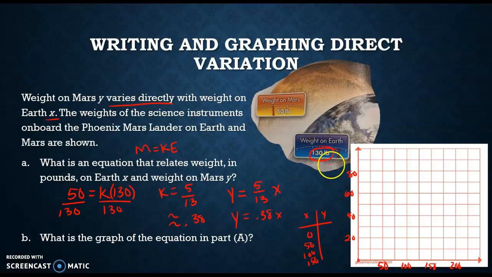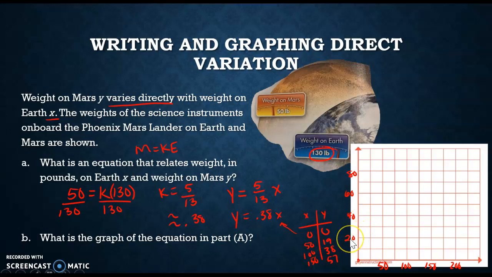And then if I do 50 times 0.38, I get 19. And then if I do 100 times 0.38, I'm going to get 38. And then 150 times 0.38 is 57. And so this was me just taking these x values and plugging them right in for x to find my y value. And now I'm going to graph those.